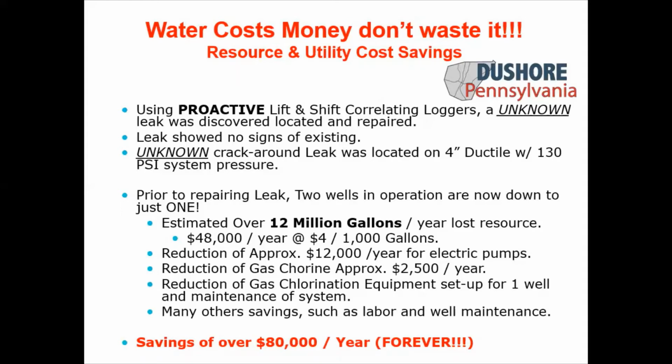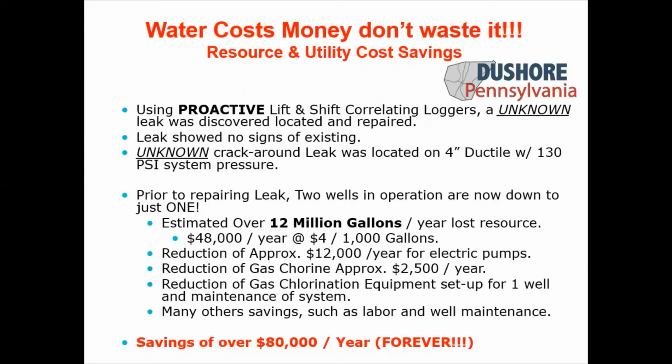Reduction of gas chlorination equipment. They were disinfecting with gas chlorine at each well. So we just figured out very approximate numbers of what that would have been, and it comes out to about $80,000 a year.